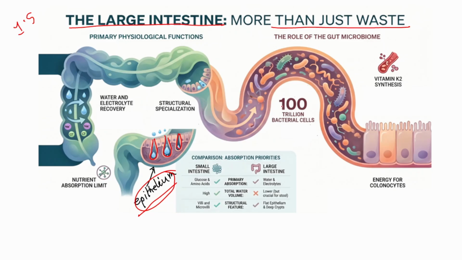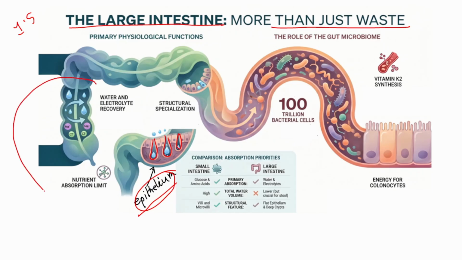Now let's discuss its primary physiological functions. The main operational goal here focuses heavily on water and electrolyte recovery alongside compaction. We map out active transport mechanisms across the mucosal membrane that drive sodium and chloride absorption into the tissues.